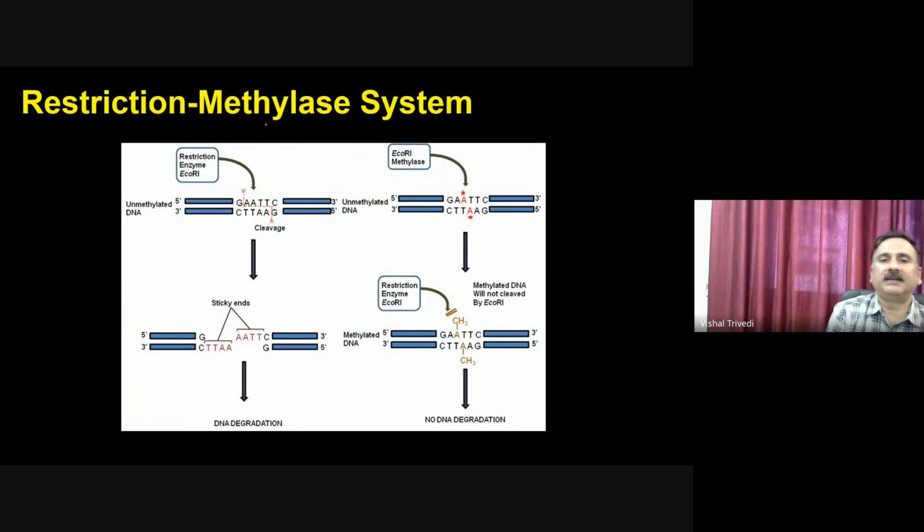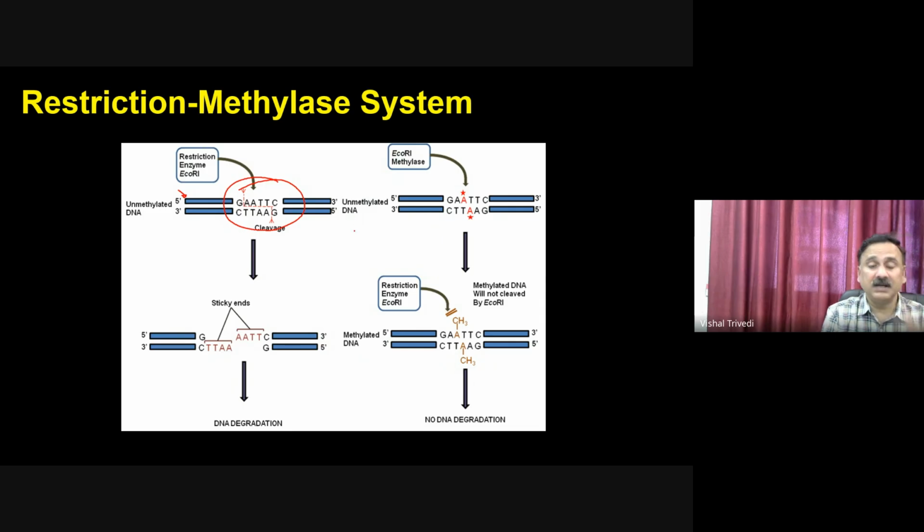So this is what exactly happens, right? Suppose this is the restriction site. When the restriction enzyme comes, it checks whether the adenine present within this site is methylated or non-methylated. For example, if this is the DNA, this DNA is non-methylated.